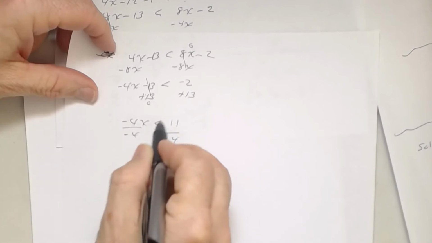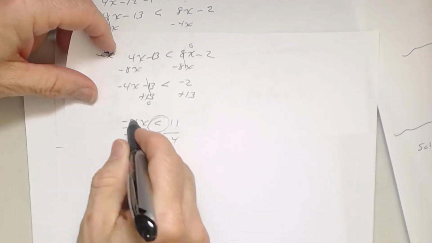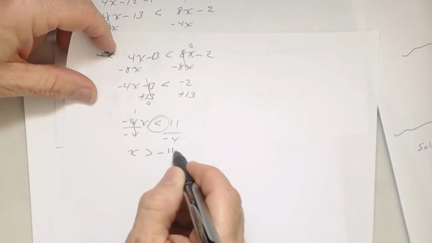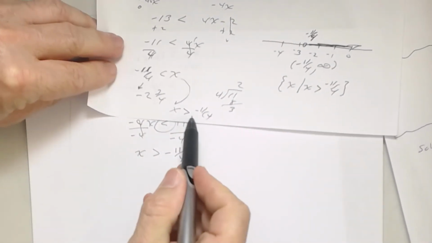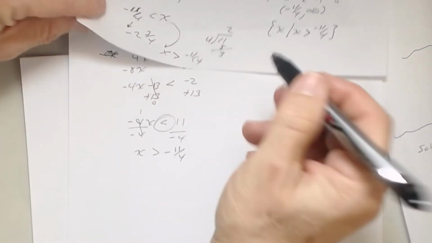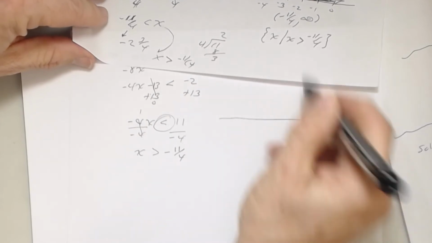I'm dividing by a negative number. So all of your solutions are greater than negative 11/4, which we said right here. Okay? So your graph would be the same as before.